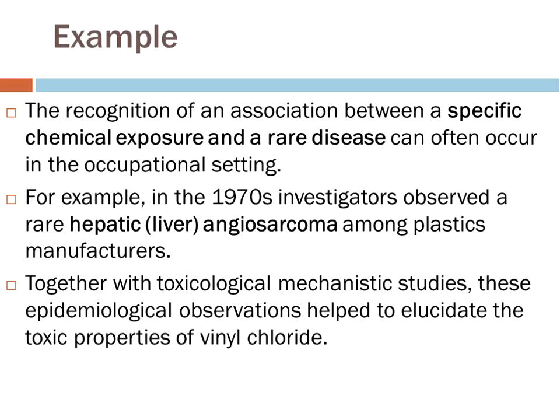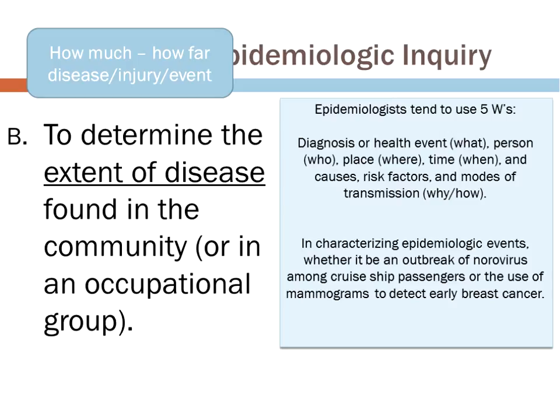Again, we have a group of studies where we have people with a similar outcome, this very rare liver angiosarcoma found in the livers of plastic workers. And later they were able to link the epidemiology data, the descriptive statistics, with the toxicological data and the toxic properties of vinyl chloride. And so we were able to tease out through our epidemiological studies how this disease progressed over time. So that was reason number 1.